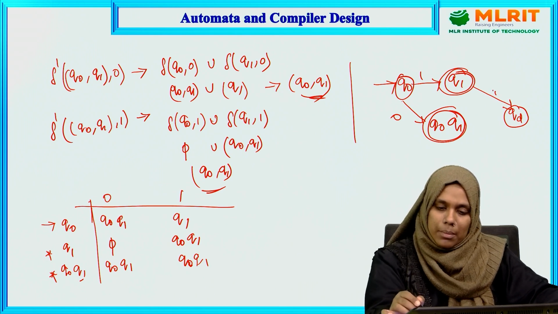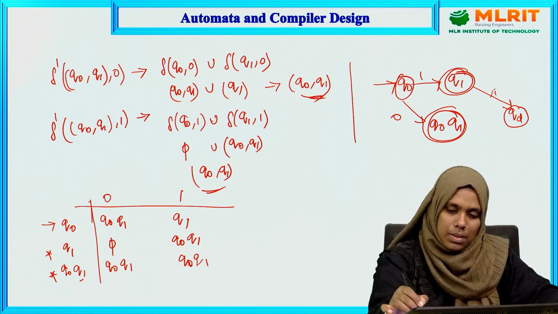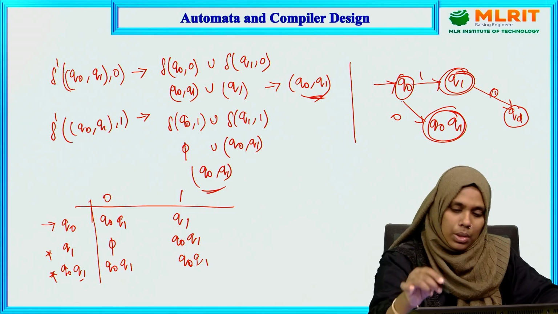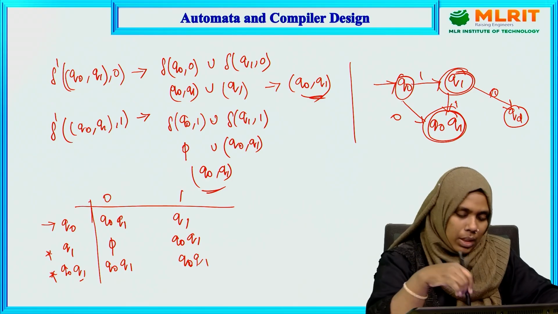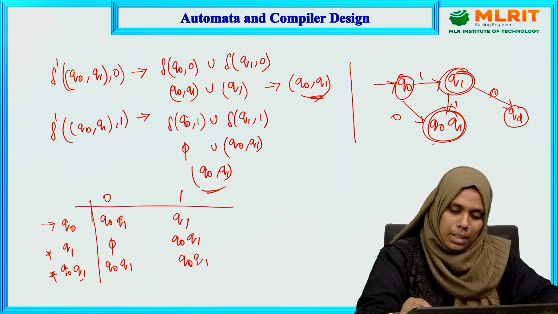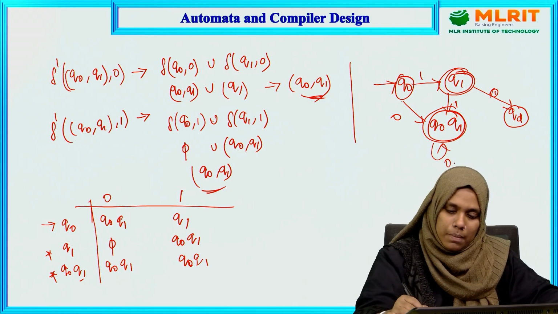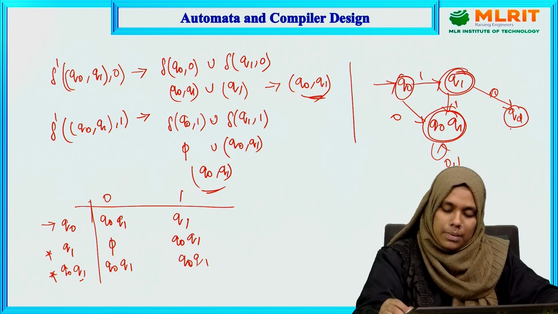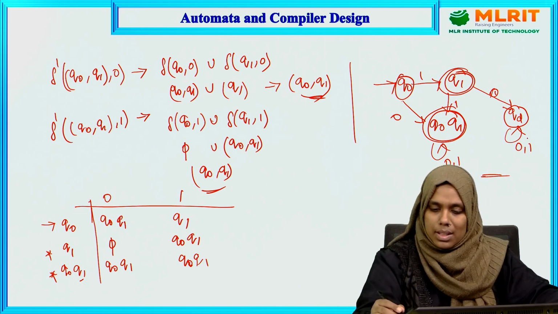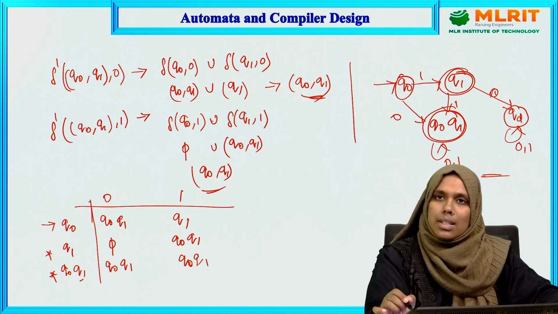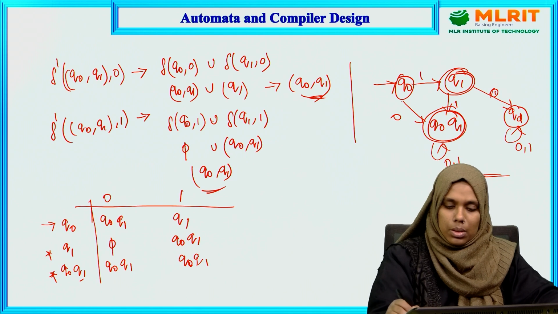Dead state is nothing but no transition will be there, so simply we can write 0. q1 of 1 is nothing but q0 q1. For q0 q1 on 0 and 1, it will be the same, a self loop with 0 comma 1. As it is a DFA, even the dead state can have a self loop, and we can give a transition with the input 0 comma 1.